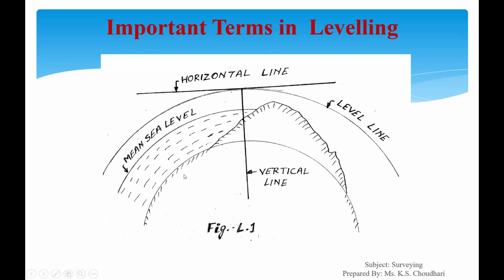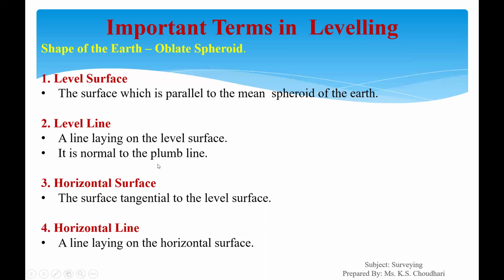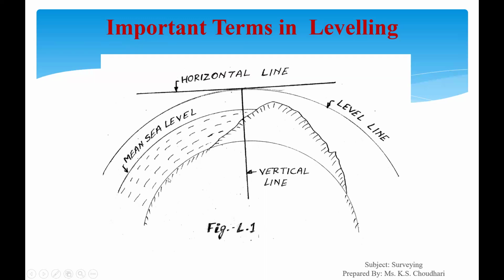Now look here. This is the actual shape of the earth, that is oblate spheroid. This is the mean sea level, and this mean sea level took the shape of this earth. So this shape is also parallel to the mean spheroidal shape of the earth. So what is level surface? Level surface is the surface which is parallel to the mean spheroid of the earth.